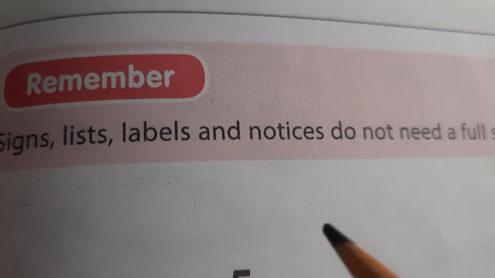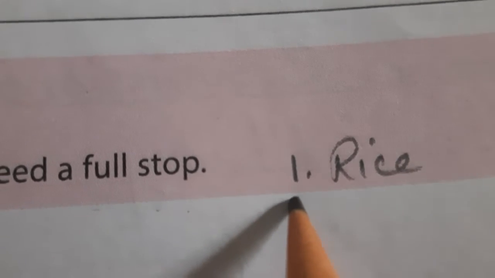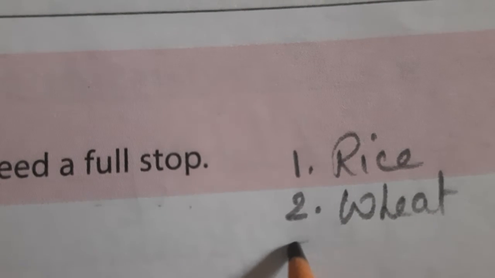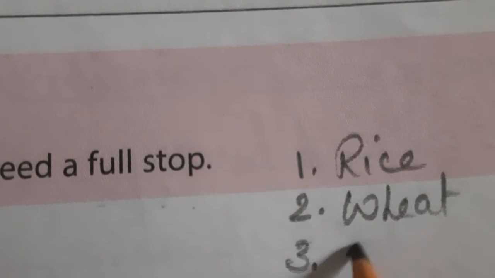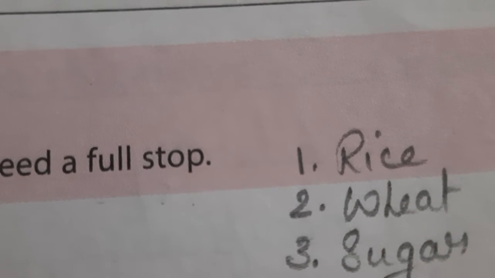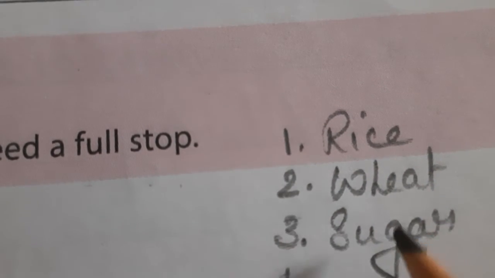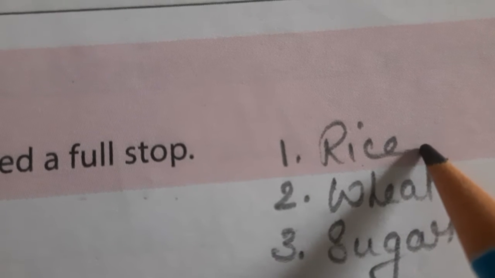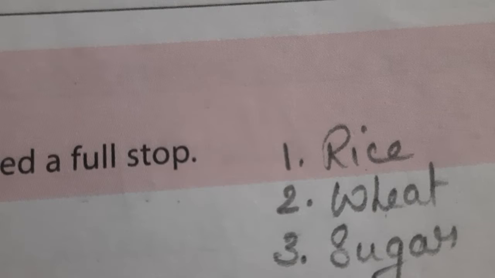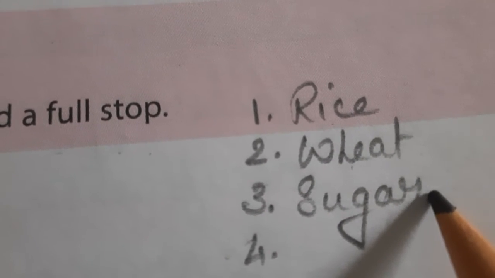For example, 1, I need rice in my list. 2, I need wheat in my list. 3, I need some sugar. So the list goes on and on like this. Whenever I am making a list, rice, I will not give a full stop here. Wheat, no full stop needed. Sugar, no full stop needed here.